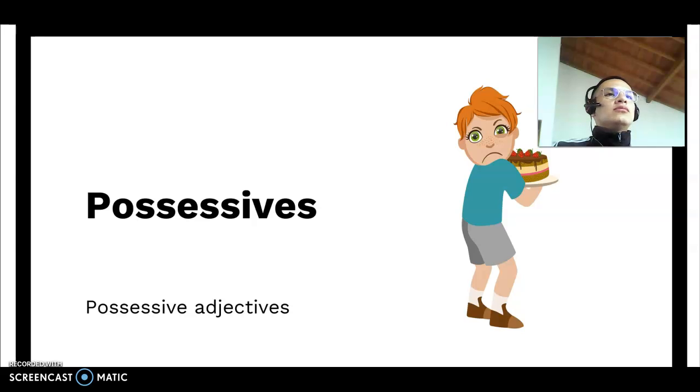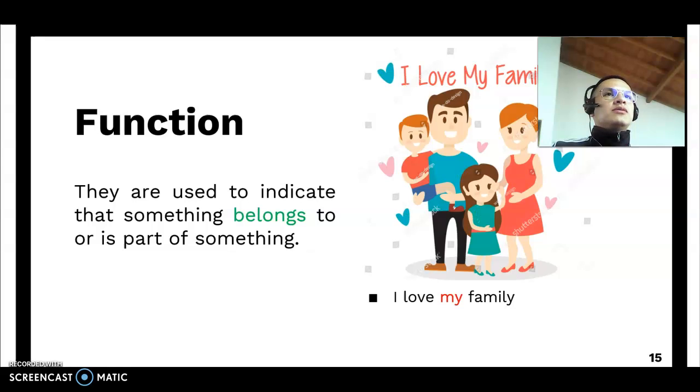To continue, I'm going to talk about the possessives. Each pronoun has a possessive. In this case, I'm going to talk about the possessive adjectives. Their function is to indicate that something belongs, pertenecer, to or is part of something. For example, I love my family because it's my family.